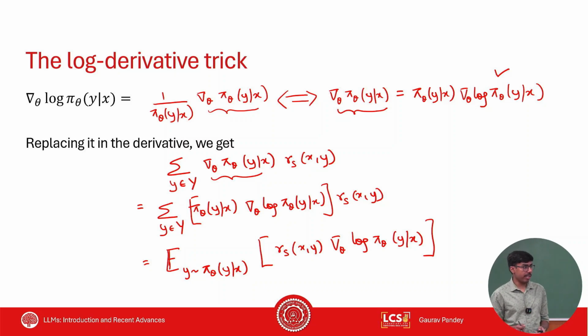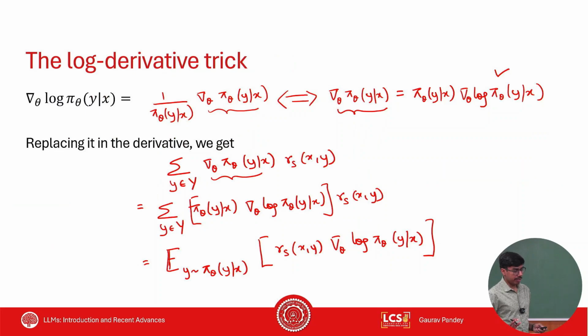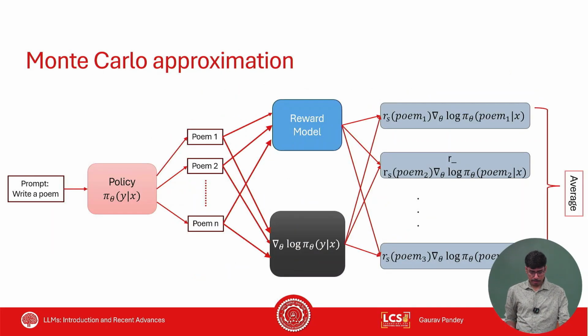Because now we have an expectation, and I can replace it. As I mentioned earlier, whenever you think of expectation, think of samples coming from the distribution under which you are computing the expectation. So how would you compute this expectation?